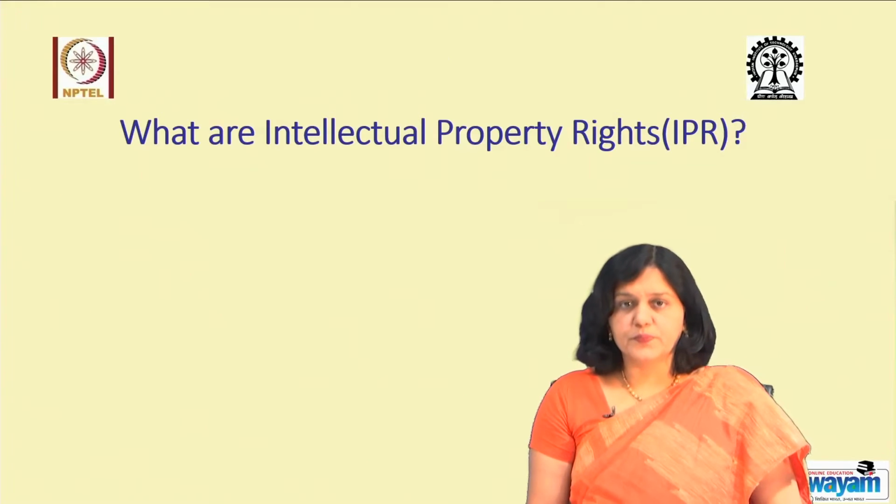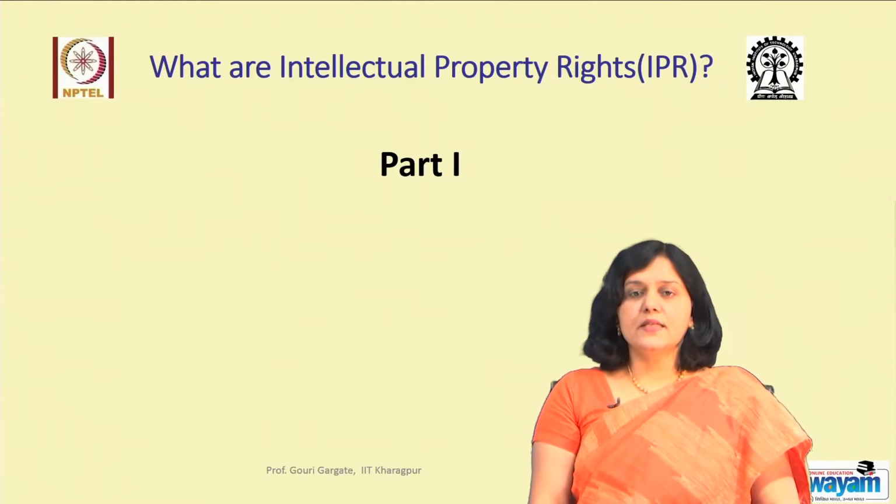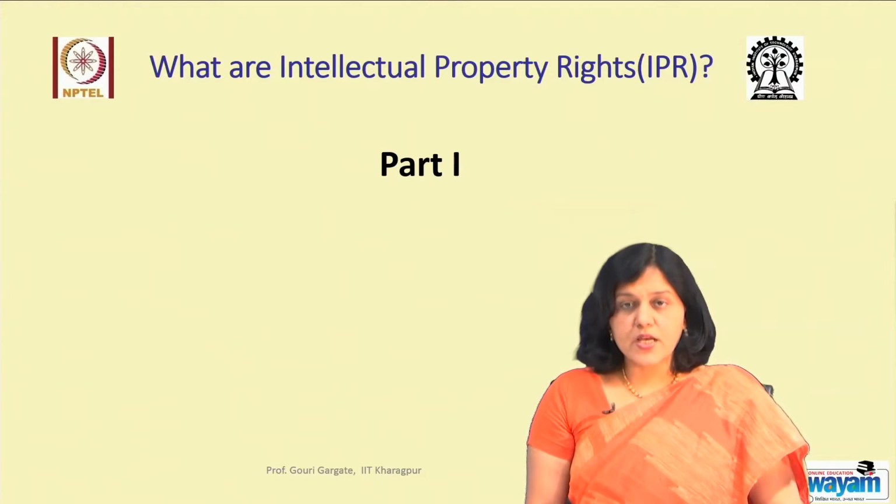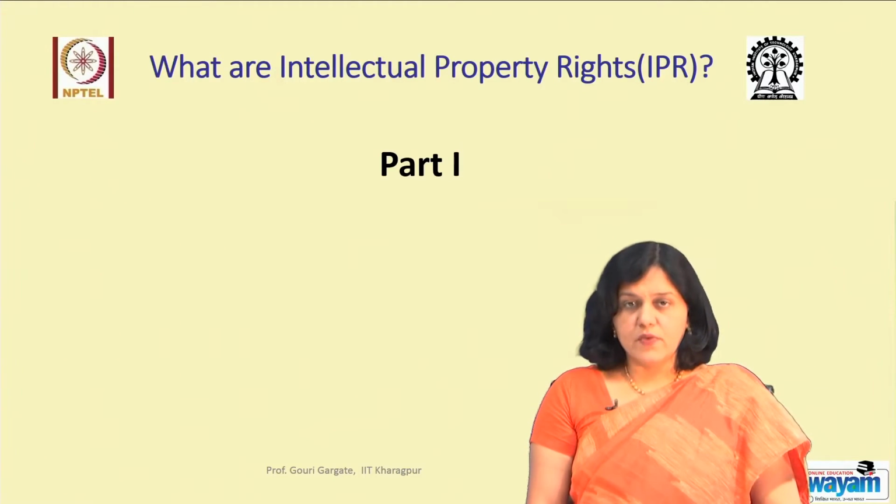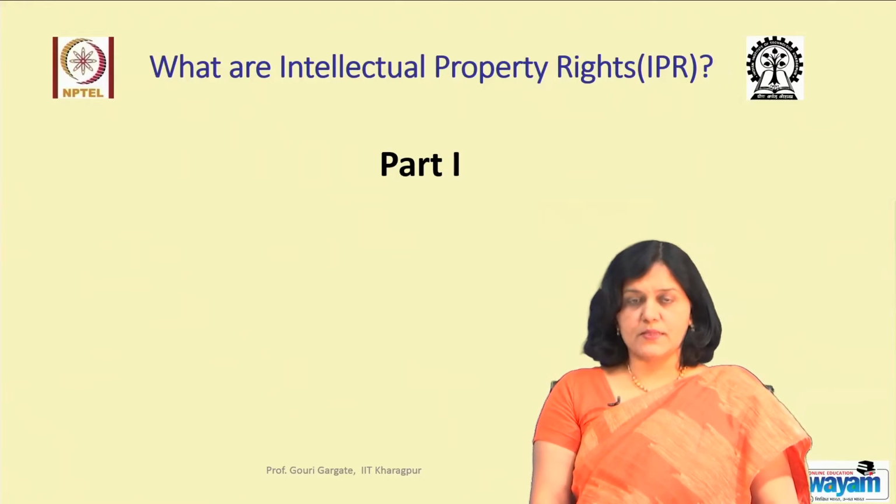So, here we go. As discussed in the earlier module, intellectual properties are the creations of mind, such as inventions, literary and artistic works, symbols, names, images and designs used in commerce.